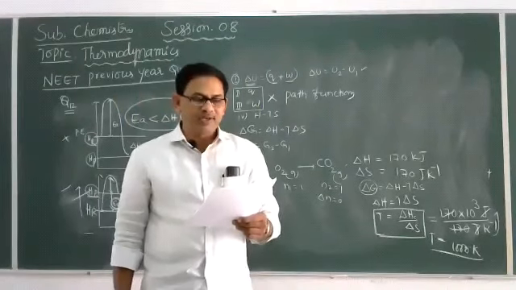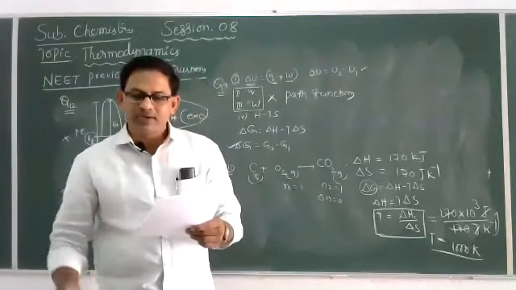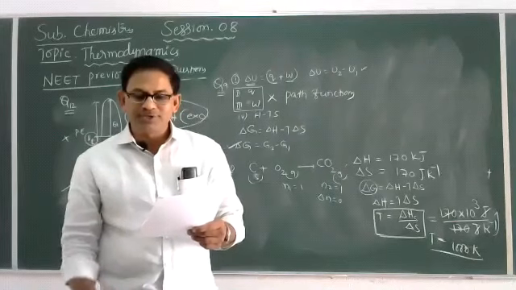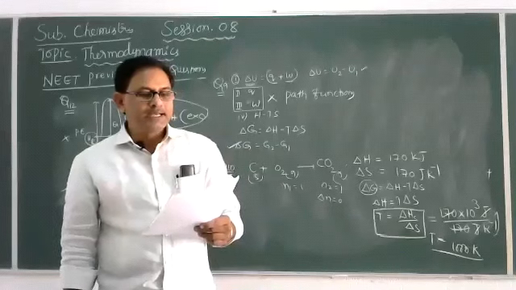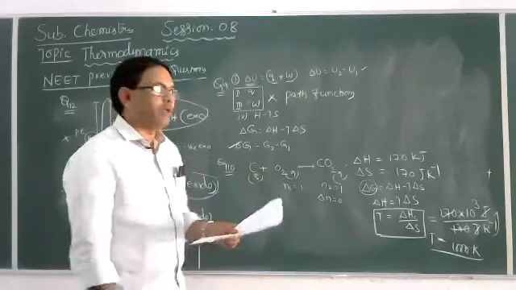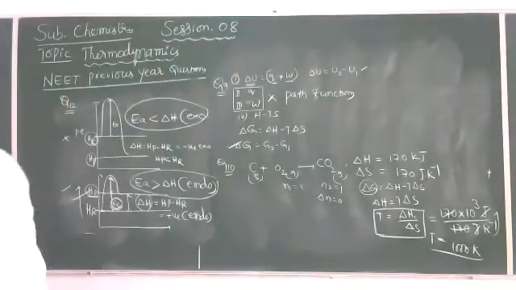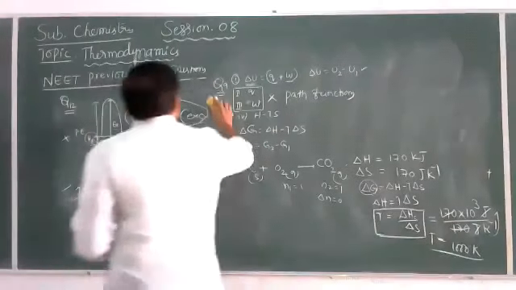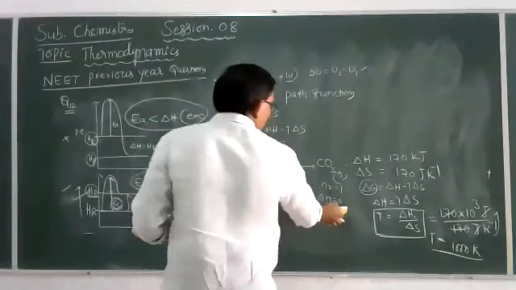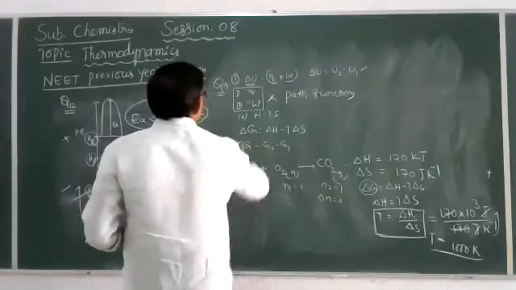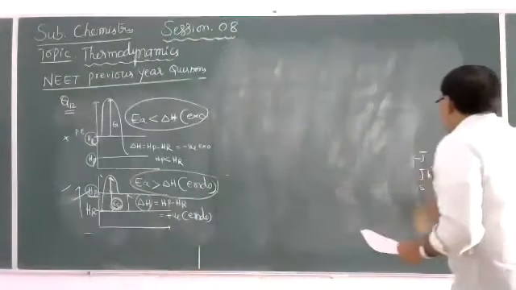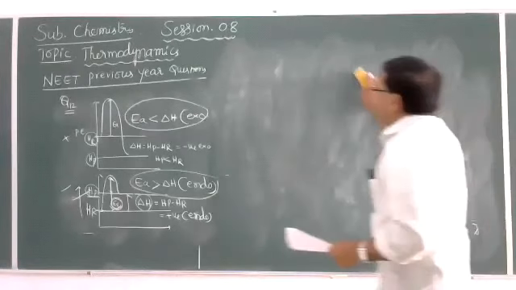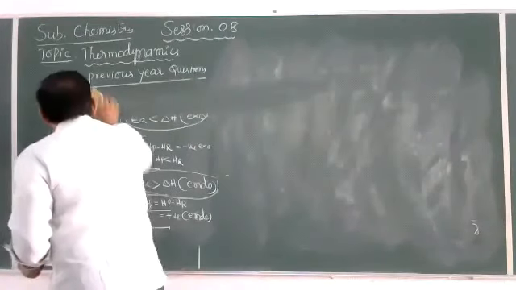Standard entropy is given. X2, Y2, XY3 are given for the reaction, and then the delta H value is given. To be at equilibrium, what would the temperature be? This model was already covered in the previous question, number 8 or 10, but it is given indirectly here.